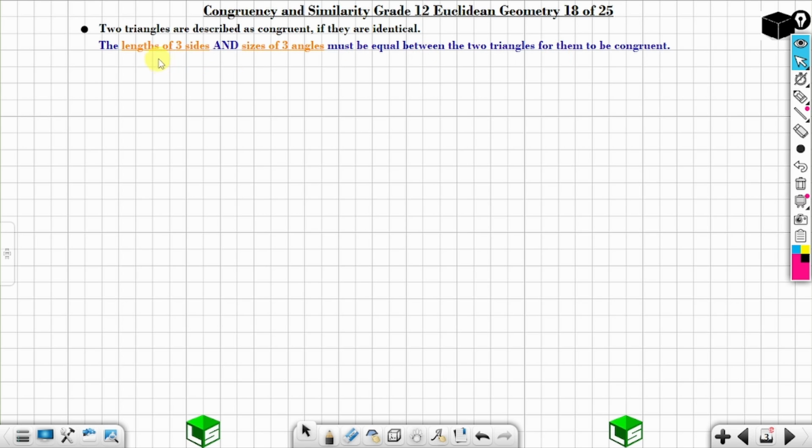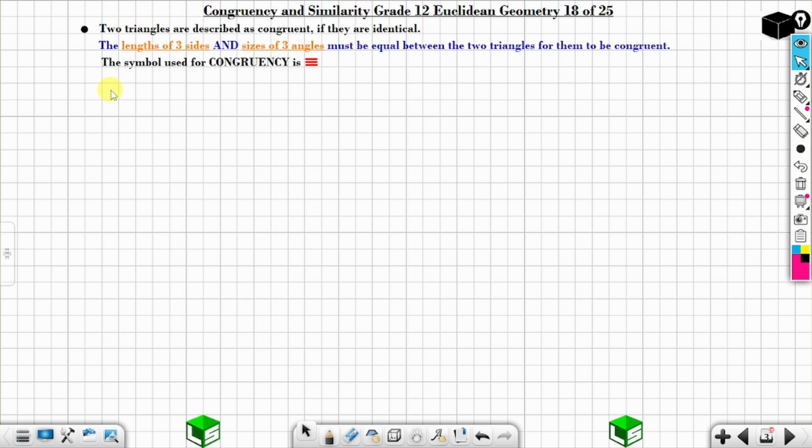The lengths of the three sides in one triangle must be equal to the lengths of the three sides in another triangle, and the sizes of the angles in one triangle must be equal to the sizes of the angles in another triangle for you to conclude that the two triangles are congruent. Now, the symbol we are going to use for congruency is three horizontal lines.